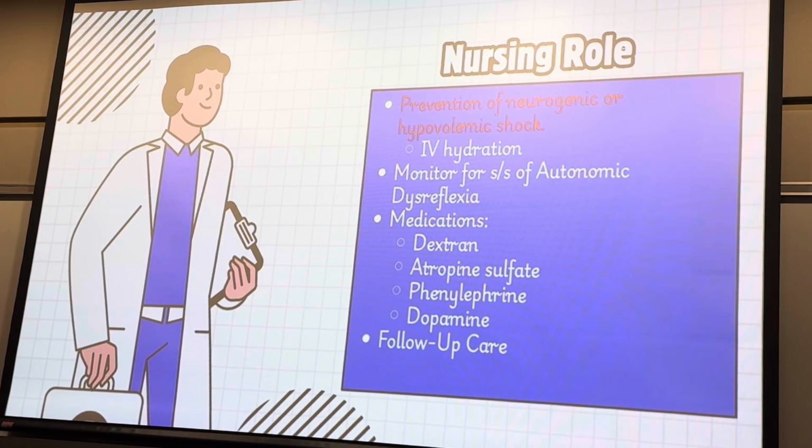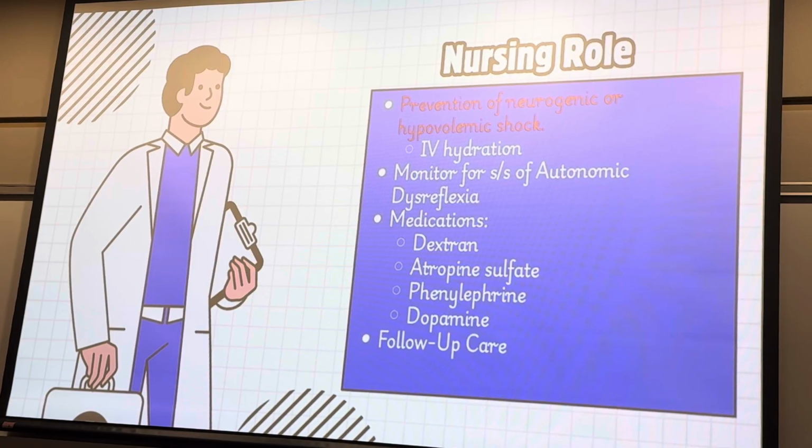So in a spinal cord injury, what is my role as a nurse? Big things in red: prevention of that neurogenic or hypovolemic shock. So I'm doing that thorough, continuous assessment of my neurosystem, of my cardiovascular system, maintaining my airway, my breathing, my circulation. If I need to intervene, speak with the physician to get them on board.